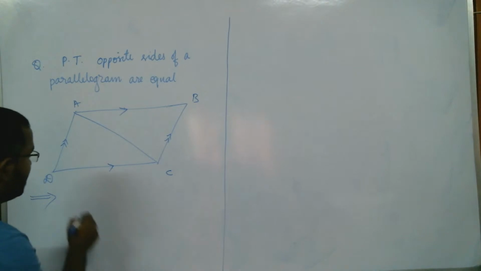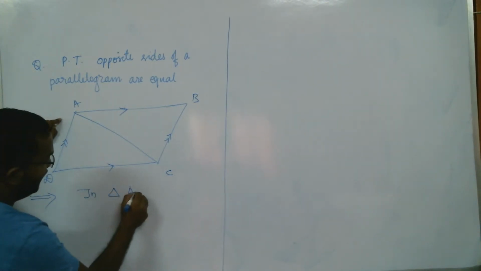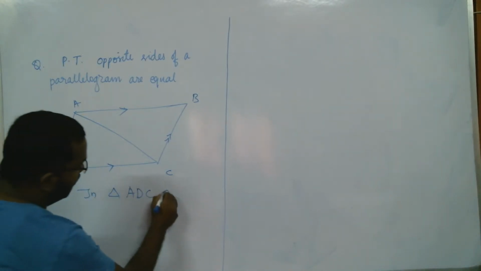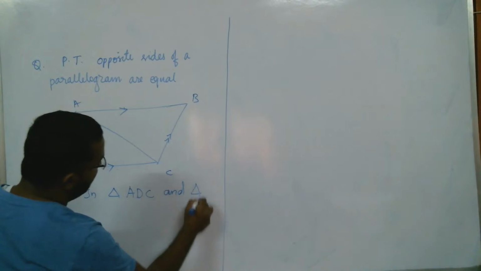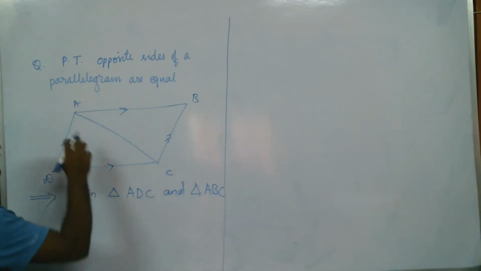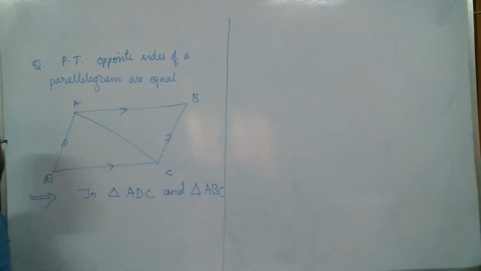What are the triangles here? Triangle ADC is one triangle, and triangle ABC is the other. So these two triangles are taken.